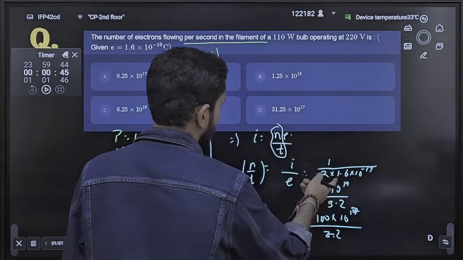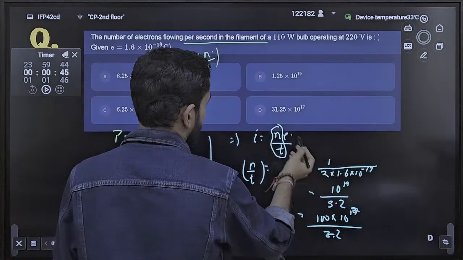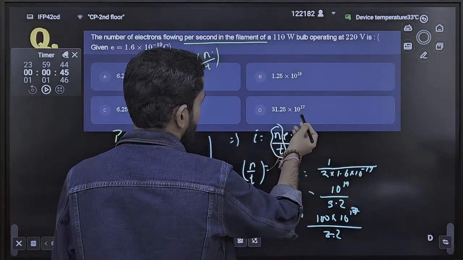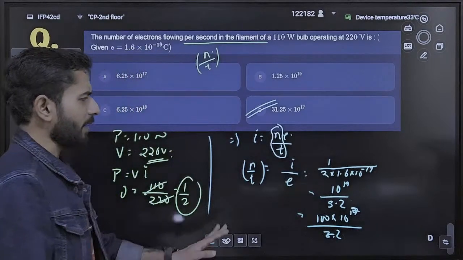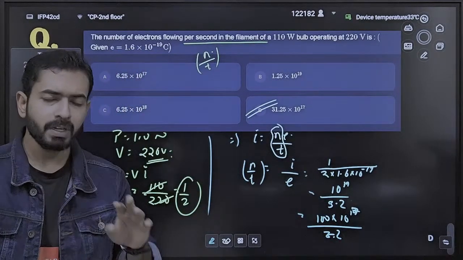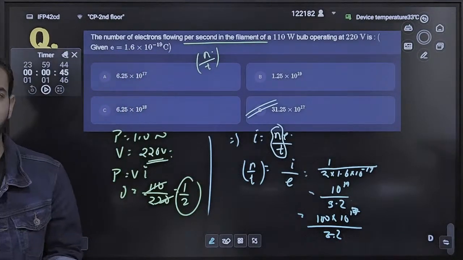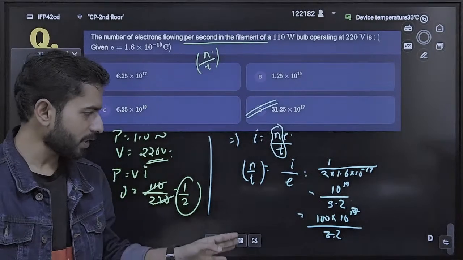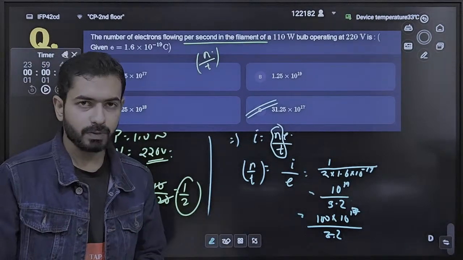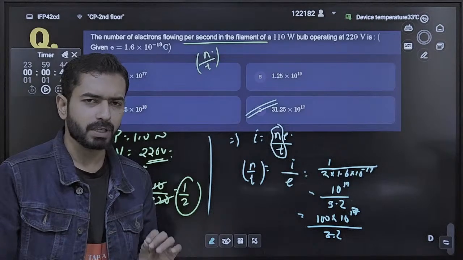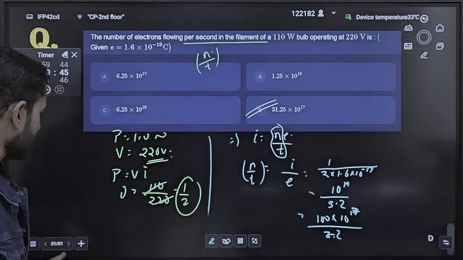That's why I will just pick this answer. I can simply write 31.25 into 10 power 17. I know it always. I told you in the final exam you don't have to calculate the exact value. You just have to approximate the values. In this way, be very smart in solving the questions. You don't go for the complete solution. Just approximate the answers.